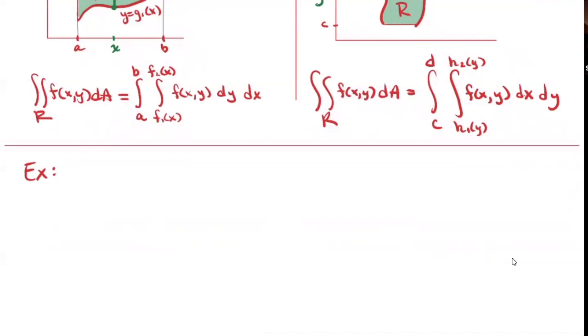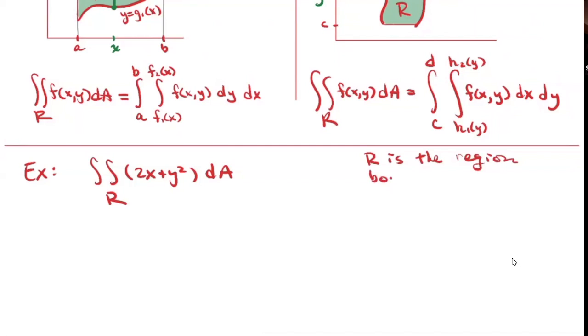So we're going to integrate the double integral of 2x plus y squared dA over R, where R is the region bounded by y equals x, y equals x to the third, where x is greater than or equal to 0.